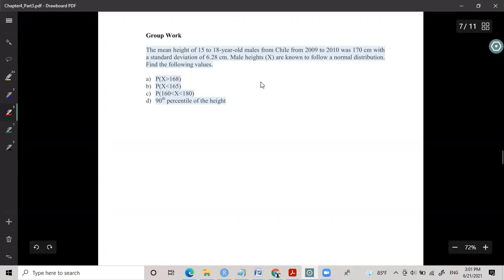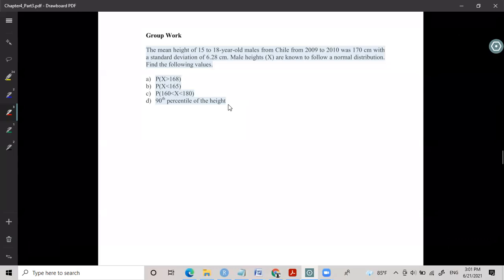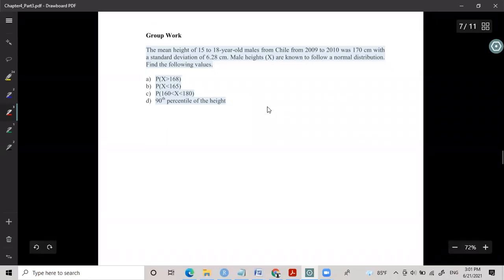Anyway, just note down the information you need, just the mean and the standard deviation and the questions. Do you need more time? Everybody done copying the question?